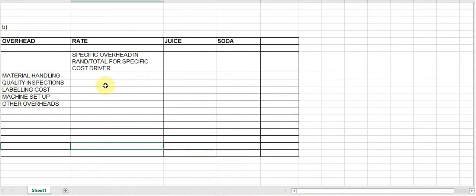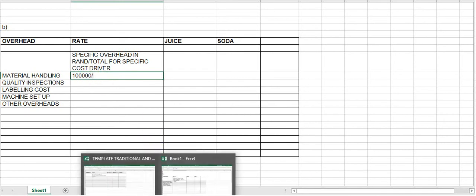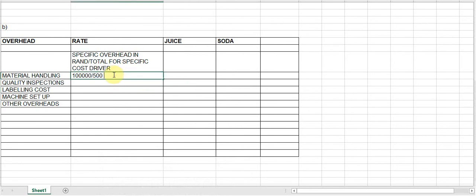In this instance, I am then going to say 100,000 divided by 500 times. And again, I'm just using my calculator so that I do not cause any confusion with a formula.